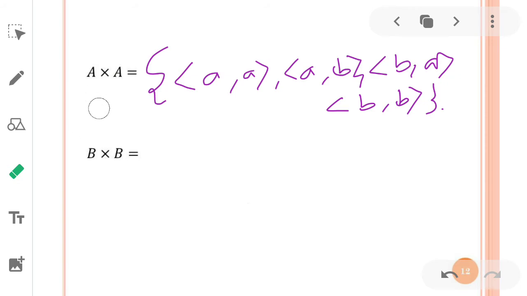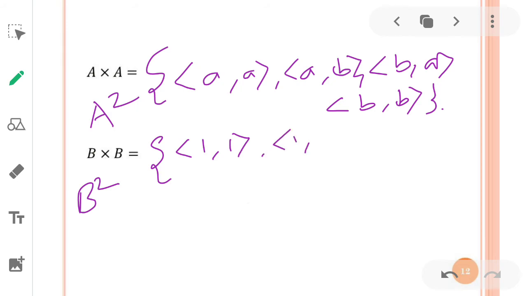A cross A is A square. So here A cross A is A square. B cross B is B square. So B contains three elements: 1 comma 1, 1 comma 2, 1 comma 3. Next, combination of 2 with 1, 2, 3.